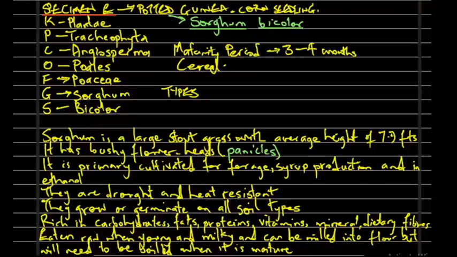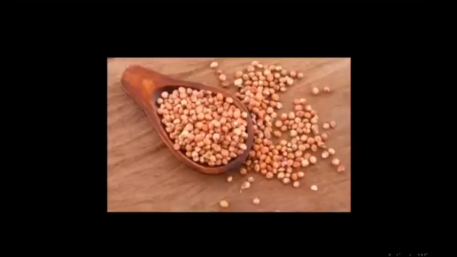We could have it to be white or red. Those are the major types that we have. It could be white and it could be red as usual. So this is the red type here, we have it in this particular picture.